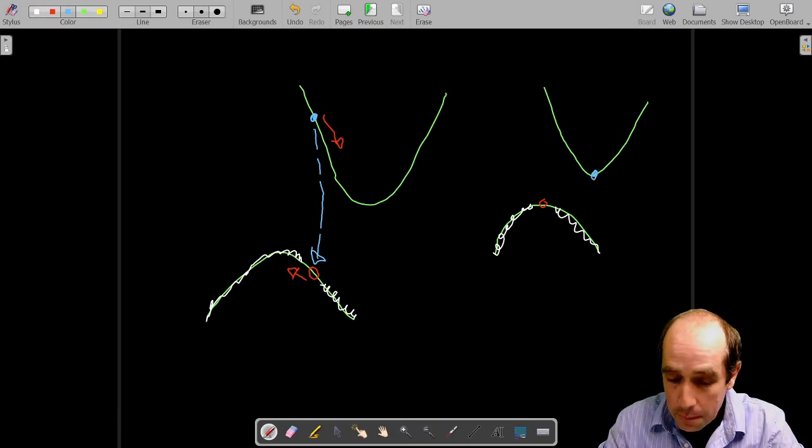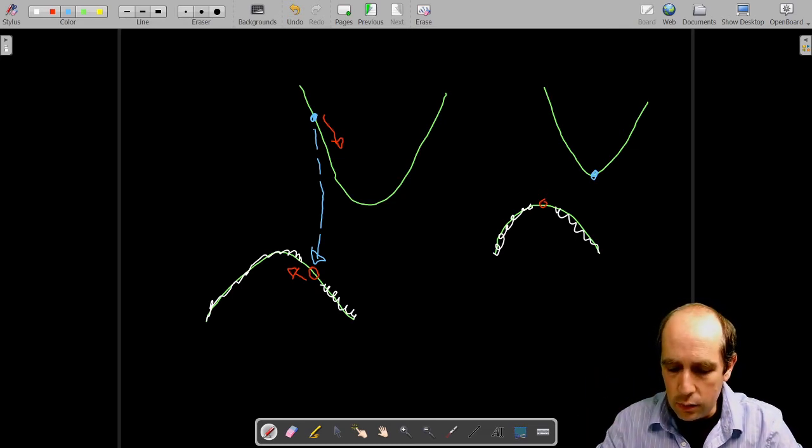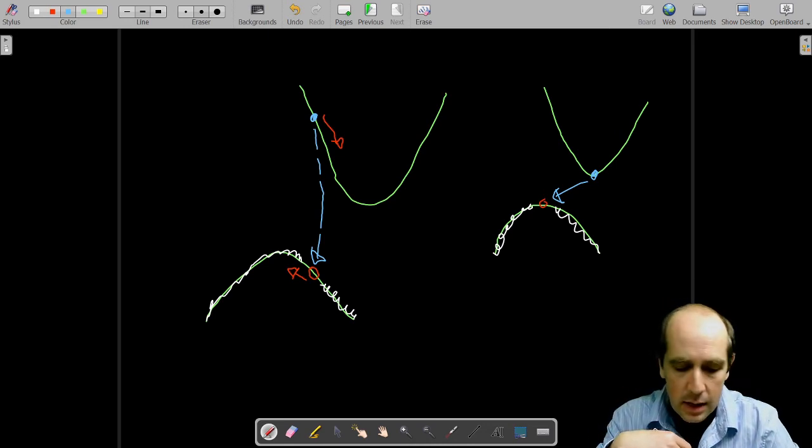And then there could be other mechanisms that allow these electrons to go down to the conduction band, but definitely not optically mediated mechanisms. So these ones will definitely never happen, just because of momentum conservation arguments.